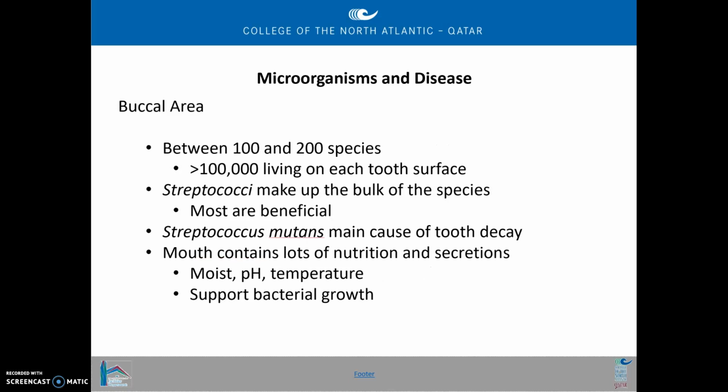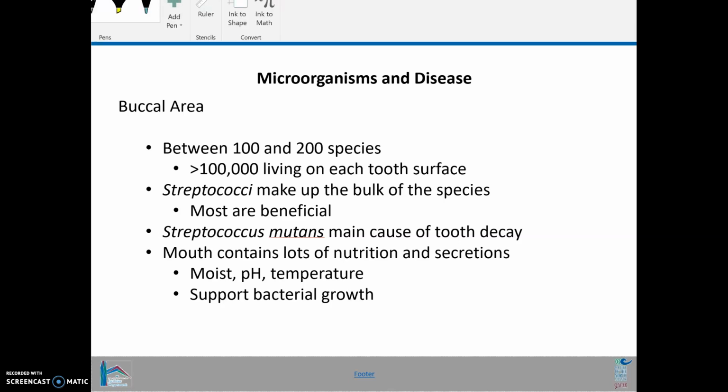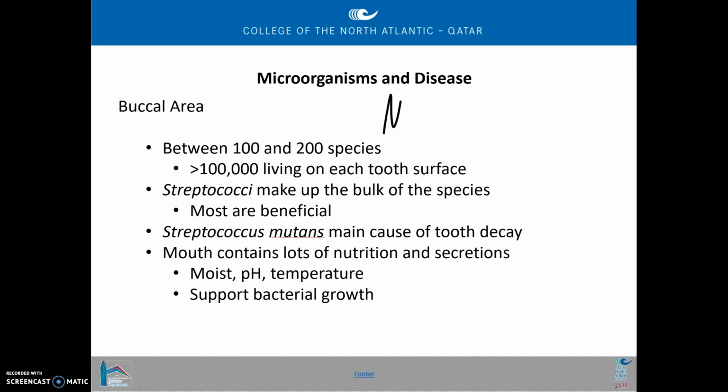Now, if we move into our buccal area, this is generally what we consider our mouth and the back of our throat. We have a lot of bacteria in this part of our respiratory tract.